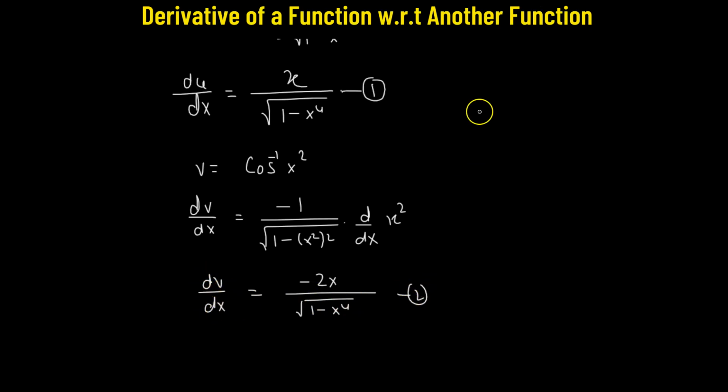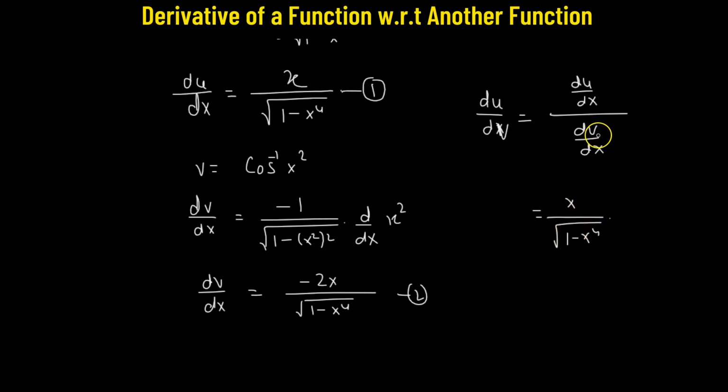Our goal was to determine the derivative of u with respect to v, which is simply the derivative of u with respect to x divided by the derivative of v with respect to x. The derivative of u with respect to x we obtained is x divided by square root of 1 minus x raised to the power of 4, and for the derivative of v with respect to x we take the reciprocal.